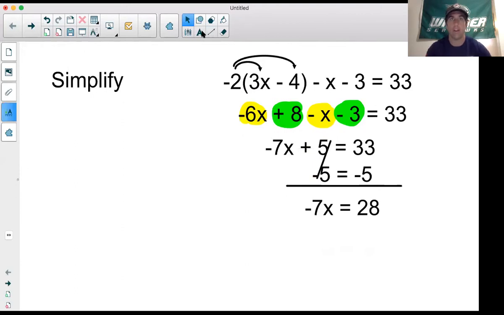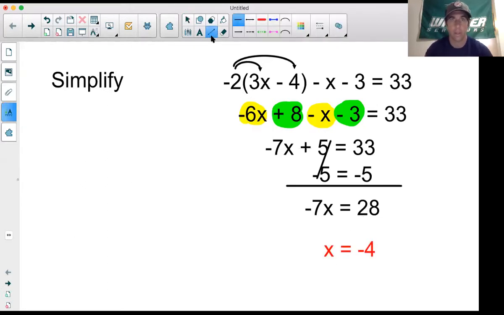And then what's the final step, guys? Well, you should all know this is one step. So to move the -7 to the other side, right here is multiplication. So the inverse of that is division. So when I divide both sides by -7, I get -4. What did I do? I divided this and this by -7.